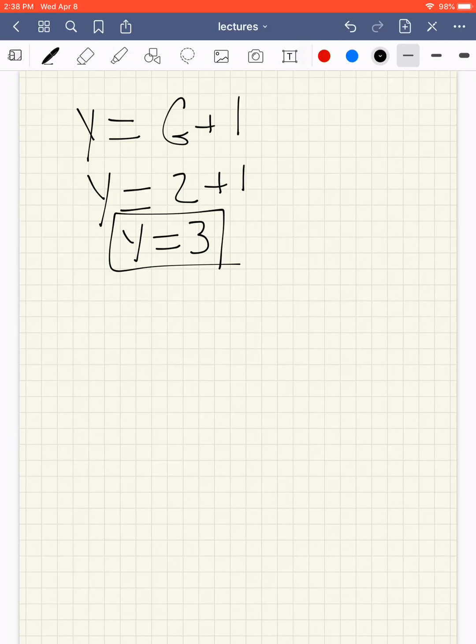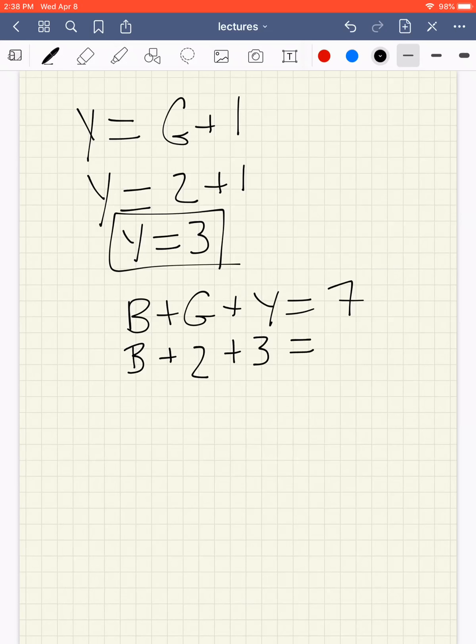And then we knew that the total of blues, greens, and yellows was equal to 7. And we've got the greens is 2, and the yellows is 3. So that must leave what for the blues? Right, blues equals 2.